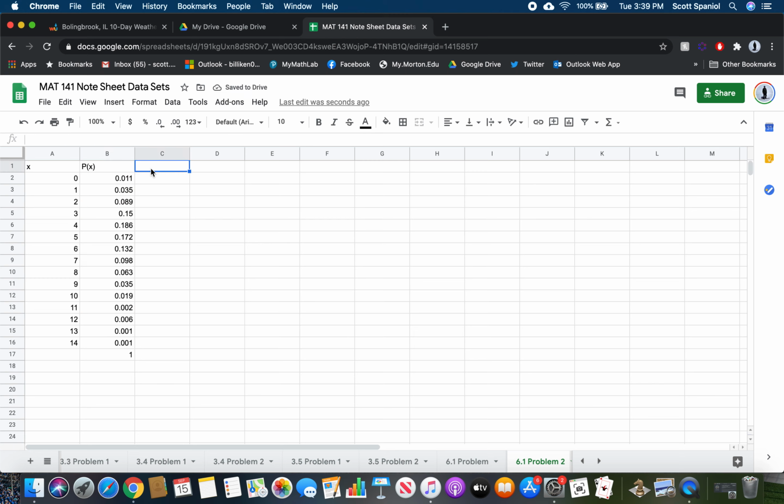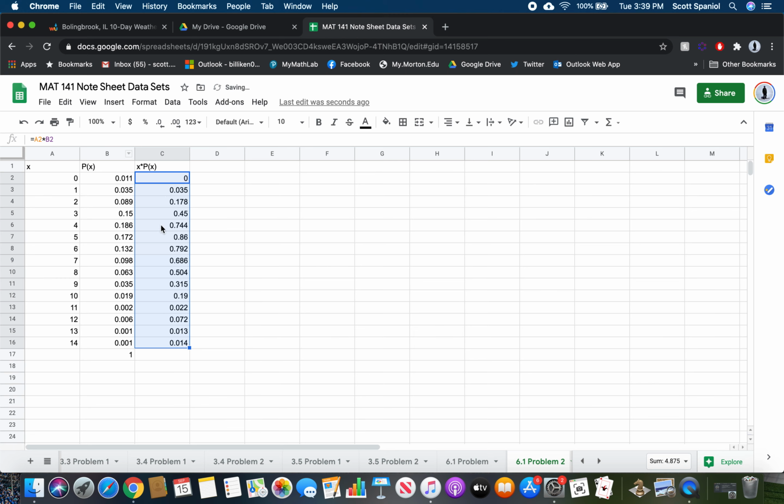And then we're going to do the mean over here. So we're going to do x times P of x. Okay, so we just do it for the first column. So that's A2 times B2. And then we can highlight that, put our box over that, grab the little box in the right-hand corner and pull down.